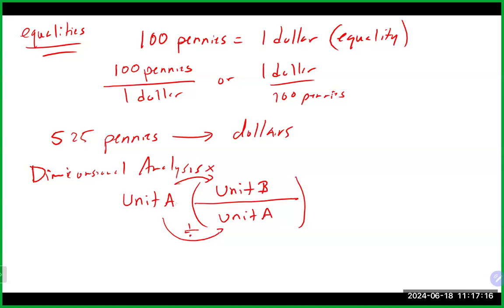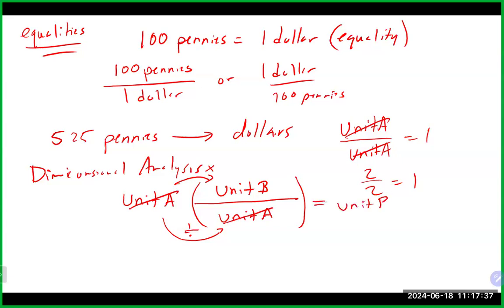In this case, we're taking unit A divided by unit A, and that equals 1, or they cancel each other out. It's the same thing as 2 divided by 2 equals 1. So these units would cancel out, and we would end up with unit B.